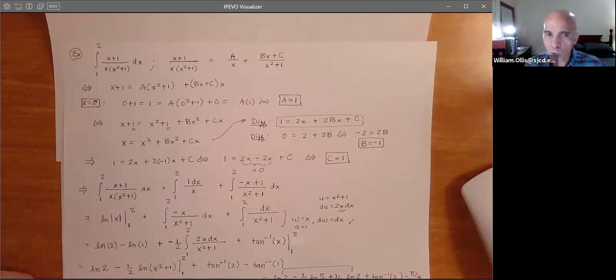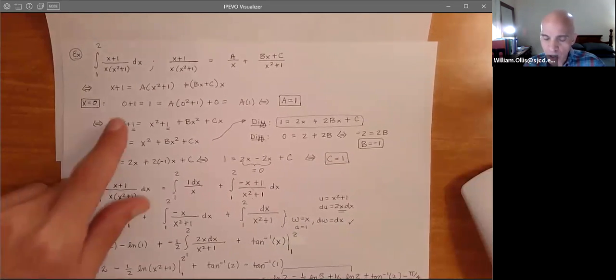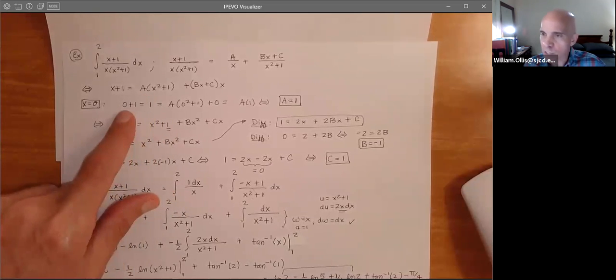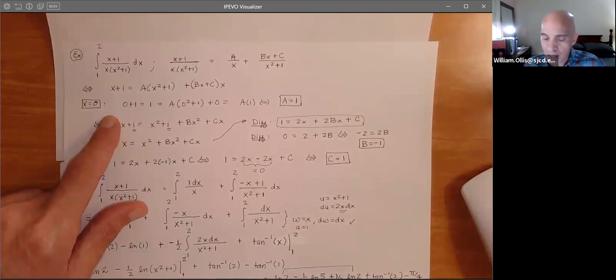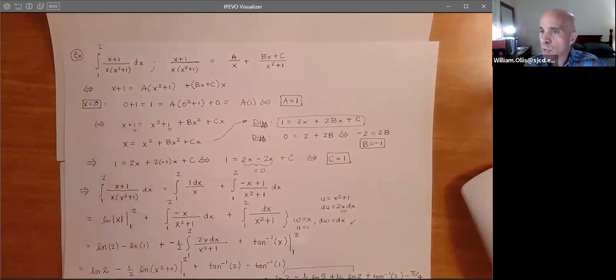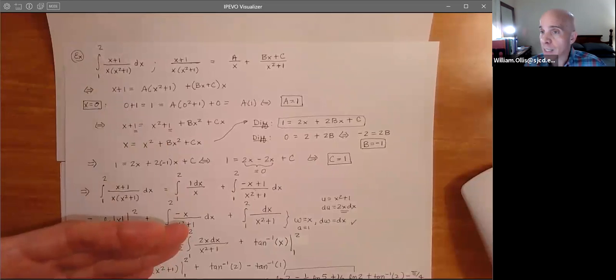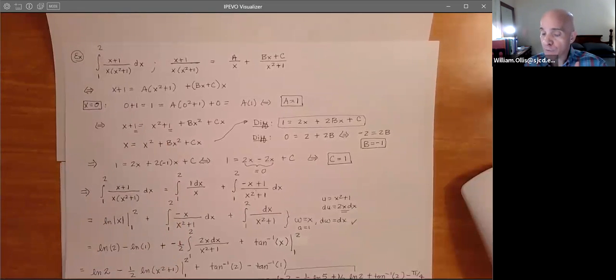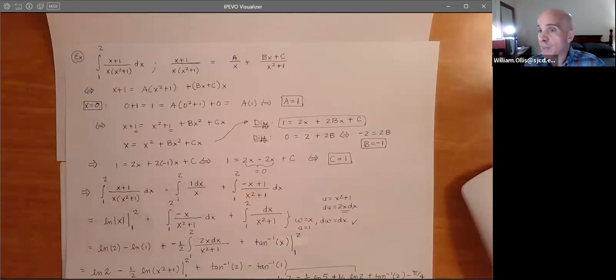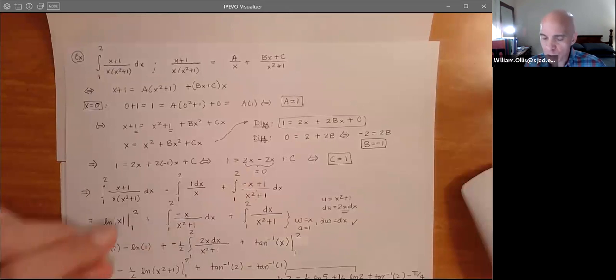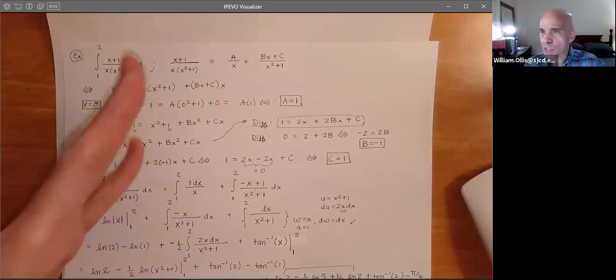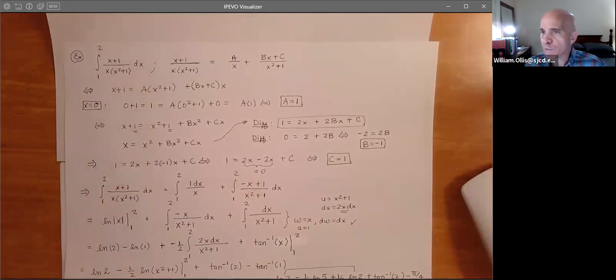And what I really wanted to point out today is that once you have your equation, you can substitute any value for x as a means to solve for a particular coefficient. You can differentiate to remove coefficients to solve for one and then back substitute. So that gives you a very powerful technique to solve for these coefficients. You don't have to make a system of equations, which would take you forever.